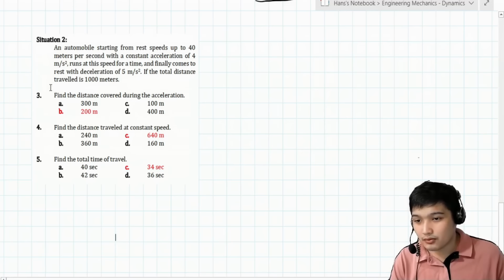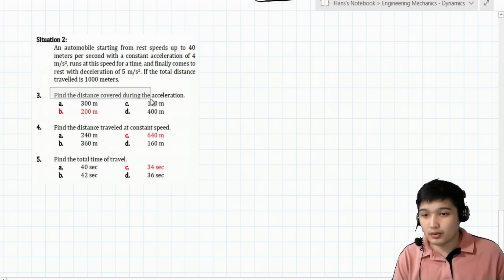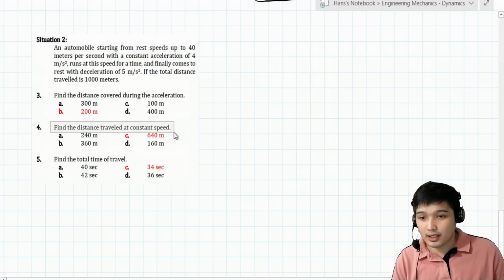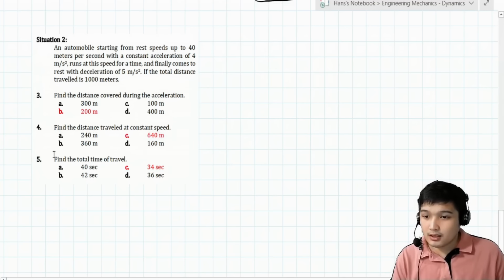Number 3, so find the distance covered during the acceleration. Number 4, find the distance traveled at constant speed. And then lastly, find the total time of travel.